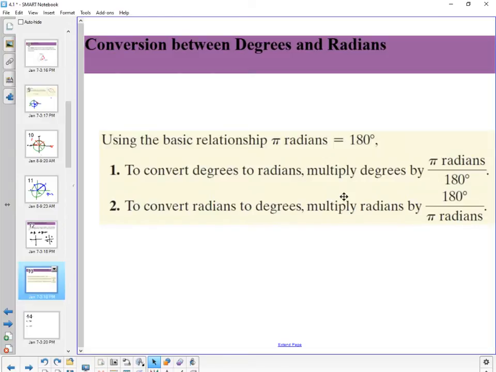I missed it. Of course I am. I haven't taken attendance. Where'd Reese end up?